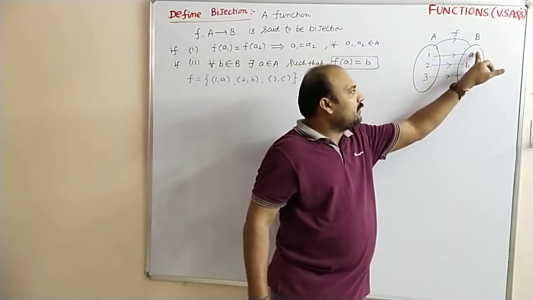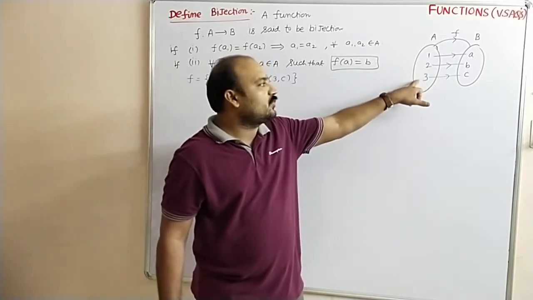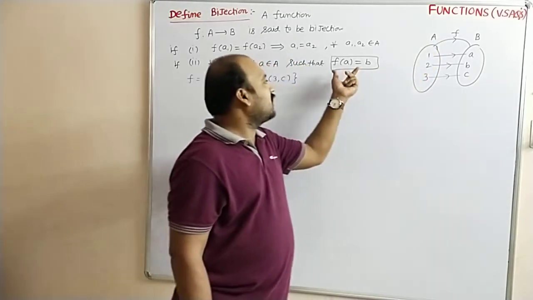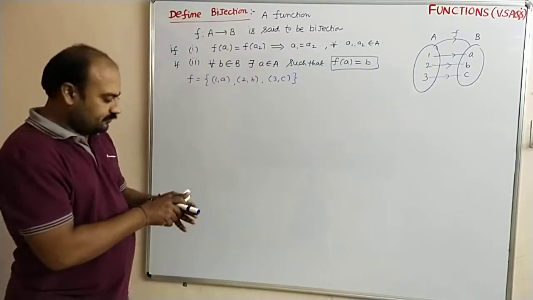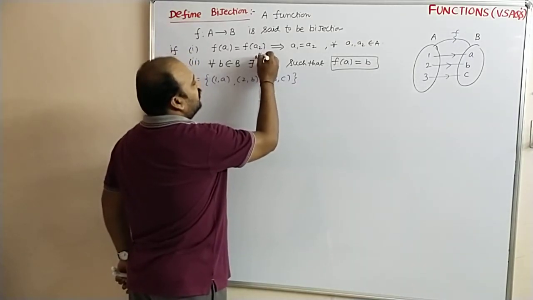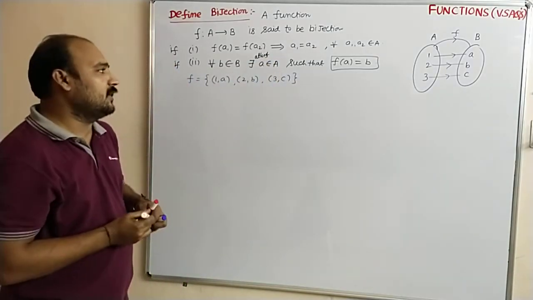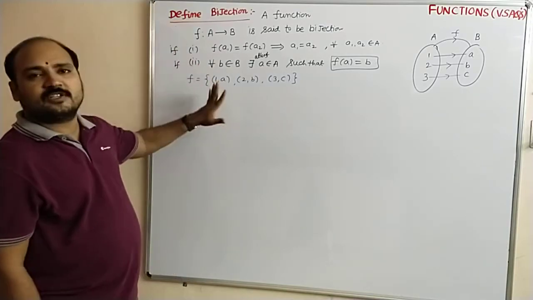And for every b belonging to capital B, there exists at least one pre-image a in A such that f of a equal to b. This is the definition of bijection.